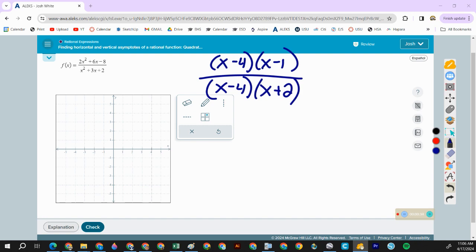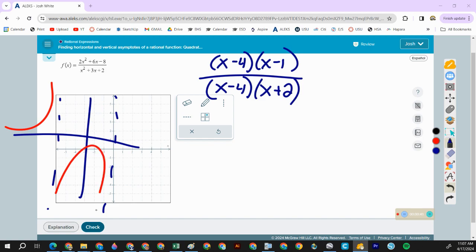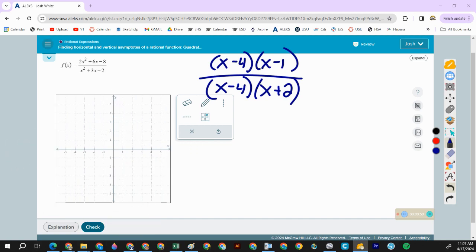So, rational expressions typically look like this. Some kind of curves that have vertical asymptotes and horizontal asymptotes, and then a whole bunch of squiggles in between. Okay? So here are the structures.